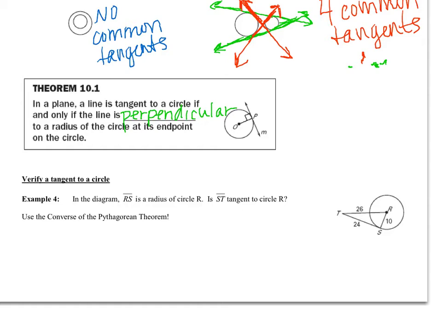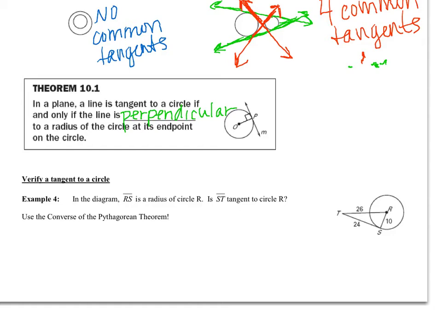So example 4, verify a tangent to a circle. It says in the diagram, segment RS is a radius of a circle, so we know that's true. Is segment ST tangent to circle R? Use the converse of the Pythagorean theorem. So we want to know, is this a right triangle?